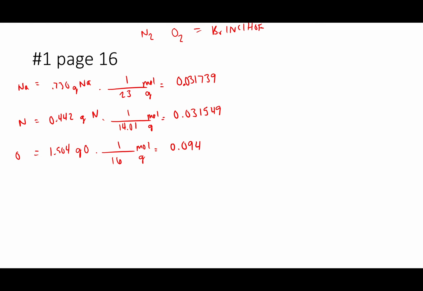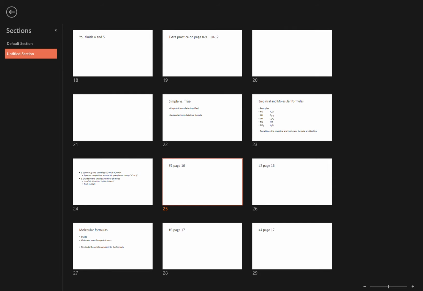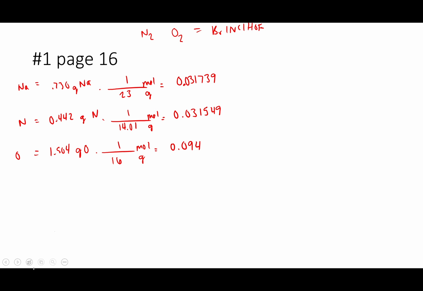Step number 2 tells me that I need to divide by the smallest number of moles that I calculated. When I look at my numbers, 0.0317, 0.0315, and 0.094, here is my smallest number of moles.